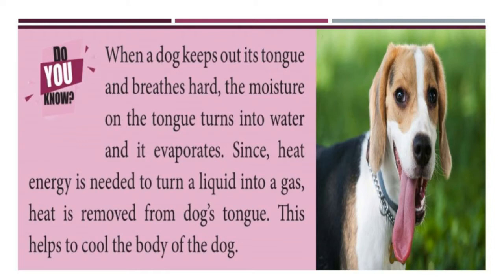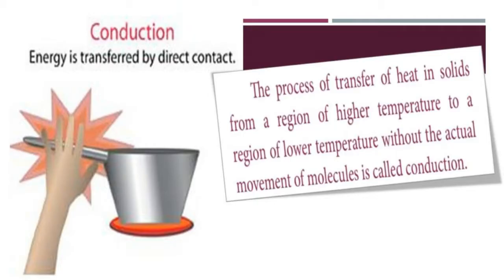Since heat energy is needed to turn a liquid into gas, heat is removed from the dog's tongue. This helps to cool the body of the dog. So, heat transfer takes place in three ways, that is, conduction, convection and radiation. Let's see them one by one.